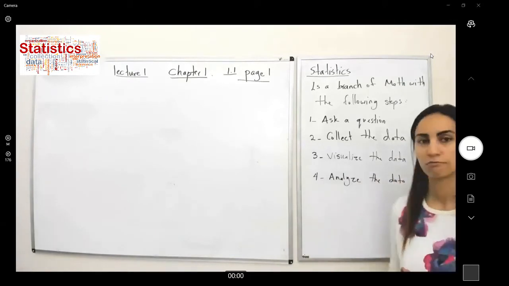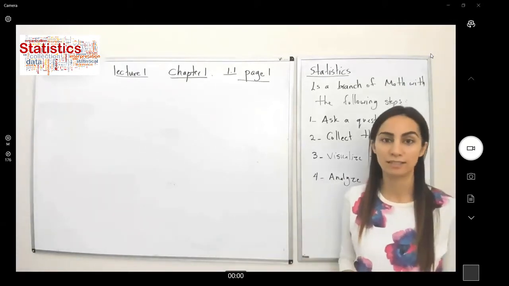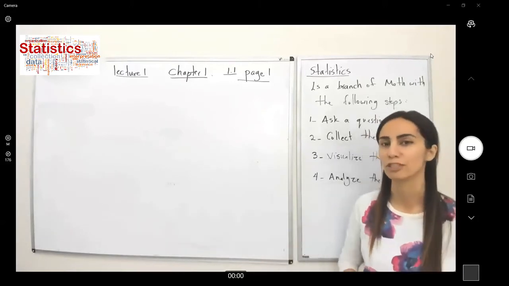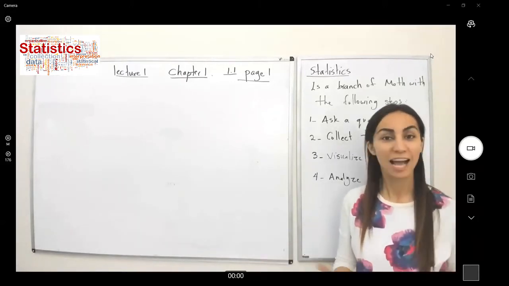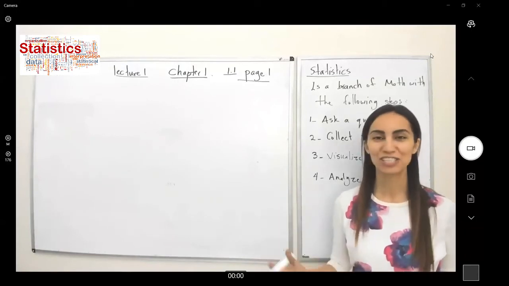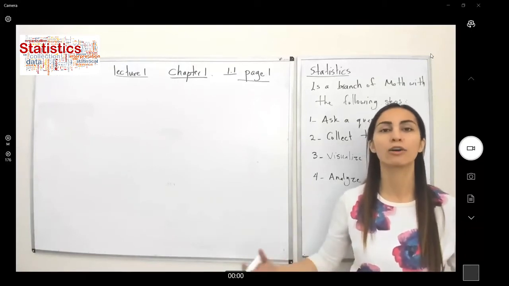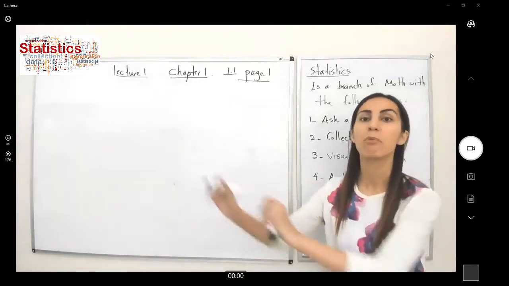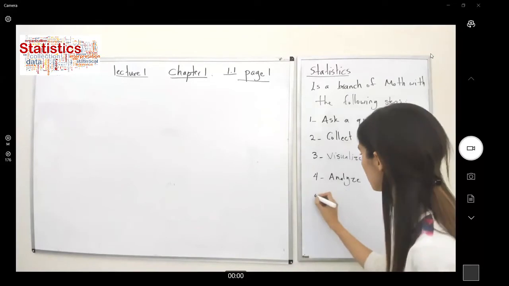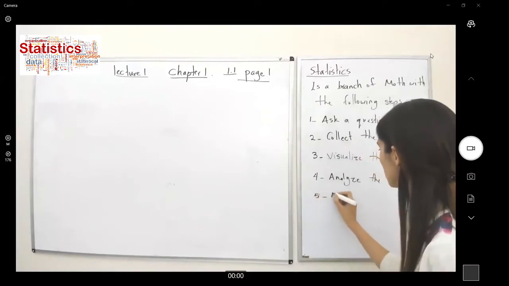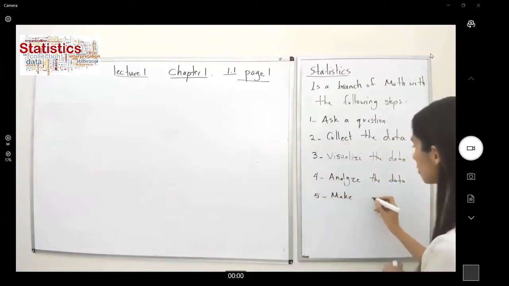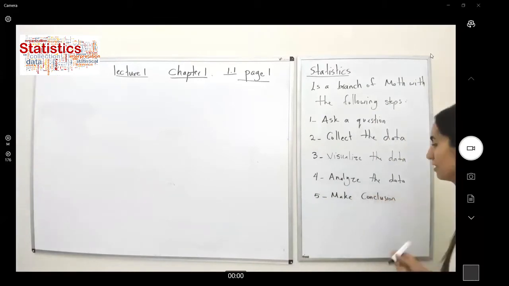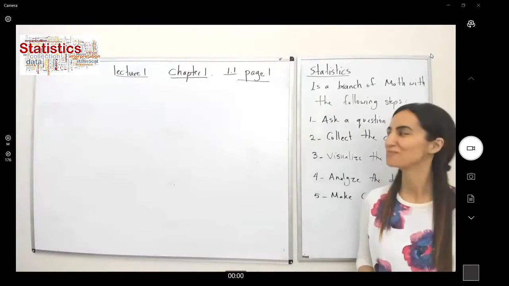Okay. So this is about the sample or the population of the targets. Eventually, as a statistician, you're interested in making conclusions about other collections or other populations. Make conclusions or making inferences.